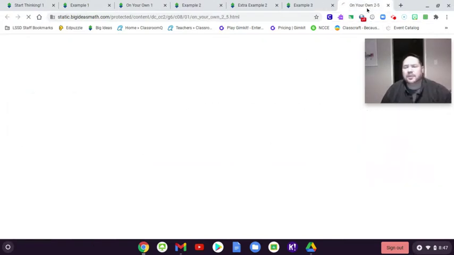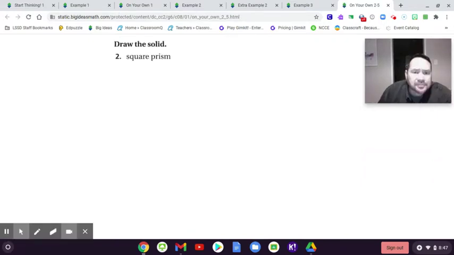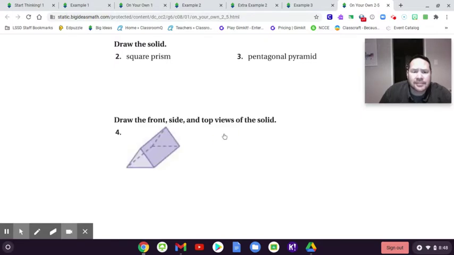Now here are some problems to help you get ready for the Big Ideas 8.1 assignment. Which of the following pictures is a square prism? Which of the following pictures is a pentagonal pyramid? Which of the following net patterns would make this shape if I cut it and lay it flat?